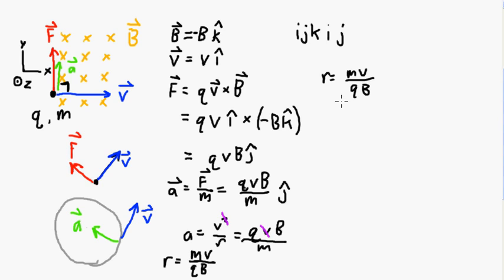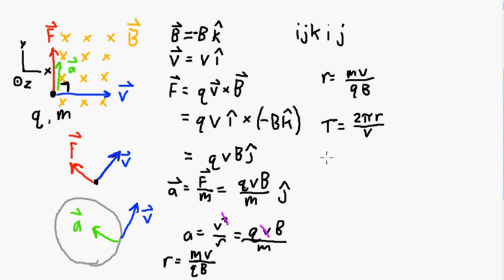And then let's see, where else do we want to go with this? Let's find the period of the rotation. The period, you'll recall, is the distance it takes to go all the way around, which is 2 pi r, divided by the speed, which is v.